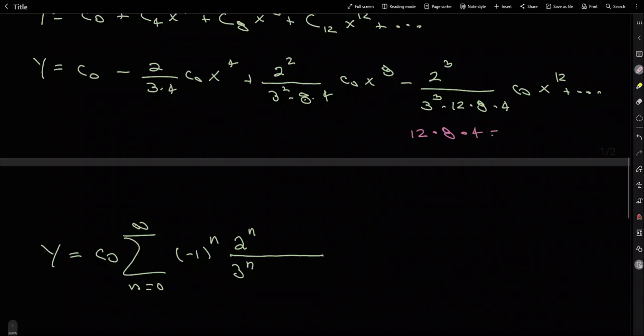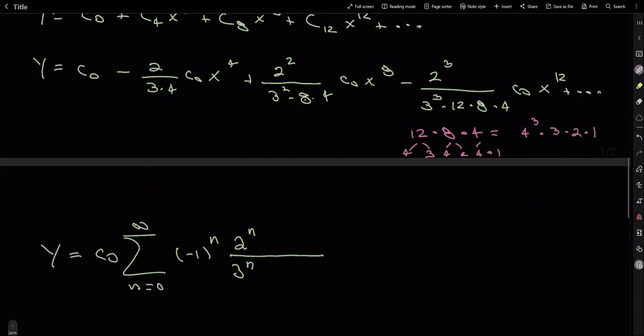12 is the same as saying 4 times 3. 8 is 4 times 2. And 4 is 4 times 1. Right? So that means we can write 4 times 4 times 4, that's equal to 4 cubed, and then times 3 times 2 times 1.